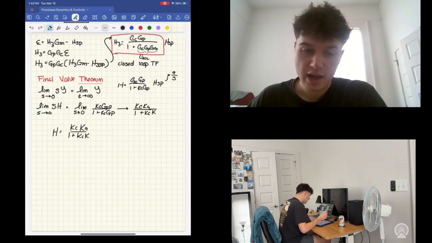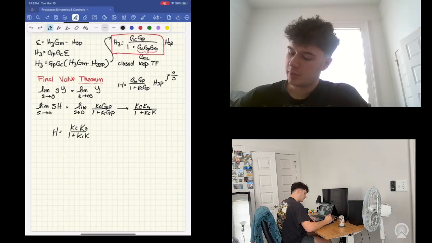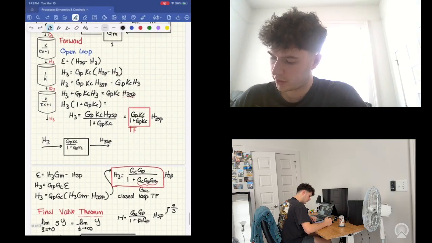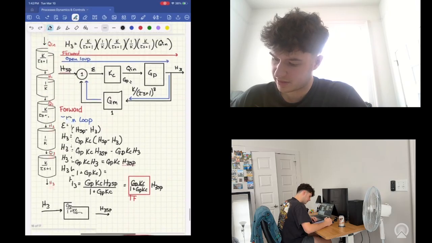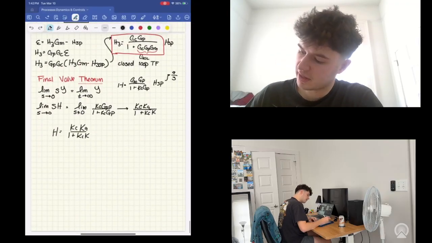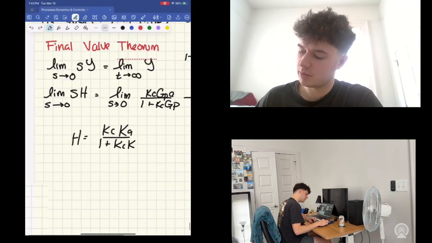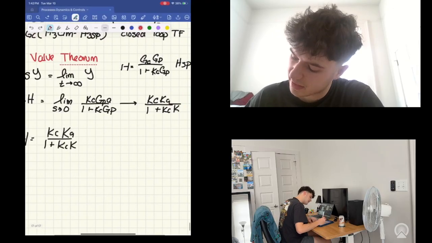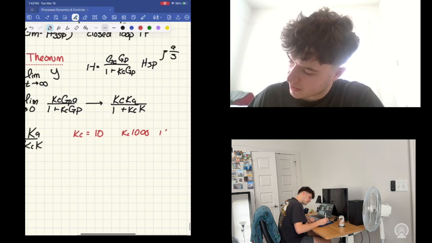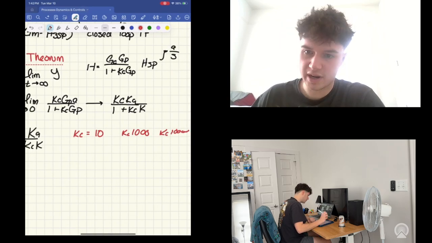Okay, sorry. To recap what we did, we used this final value theorem, and from the equations above, in the forward and open loop that we derived from this three-tank system, you get to this equation. But you could be thinking, what exactly does this mean? Well, what if I were to set this KC value to, let's say, 10 versus 1,000 versus 1,000,000, whatever.